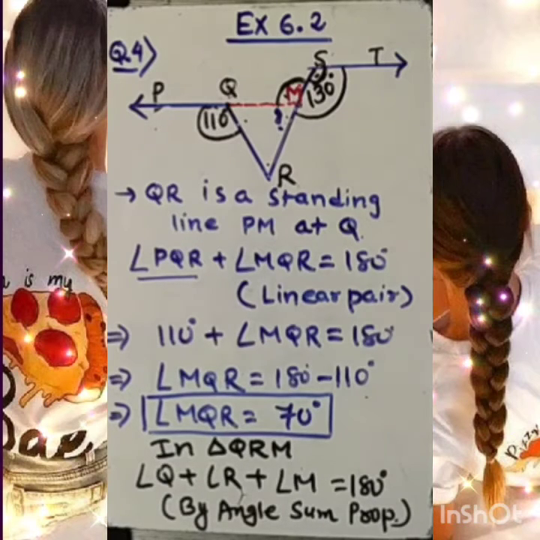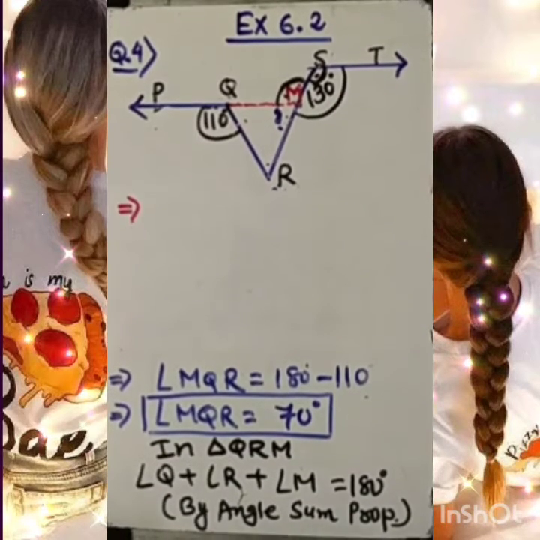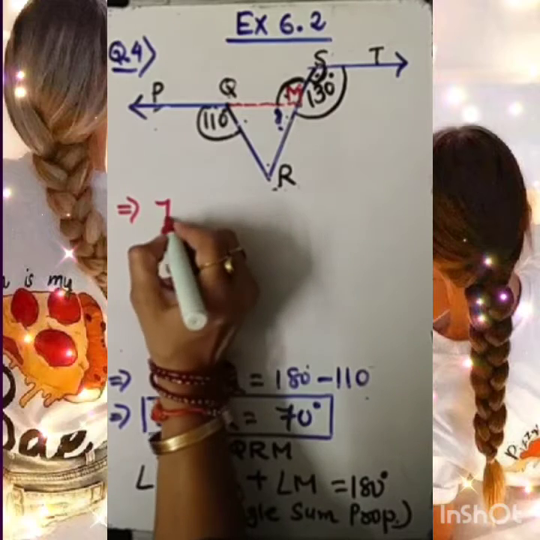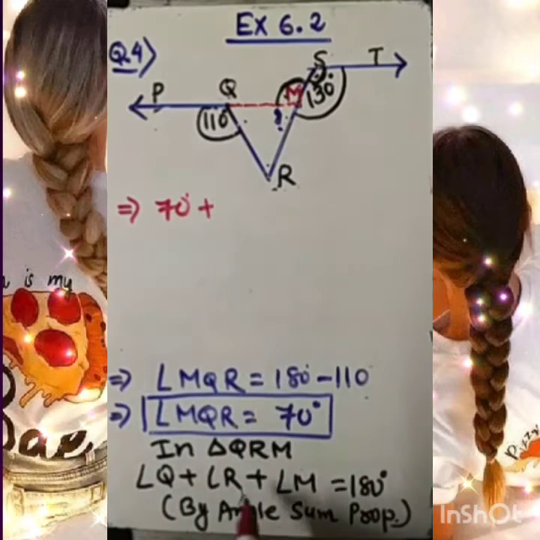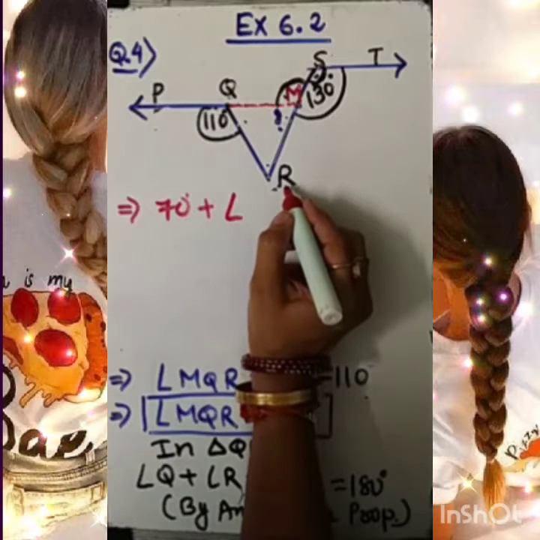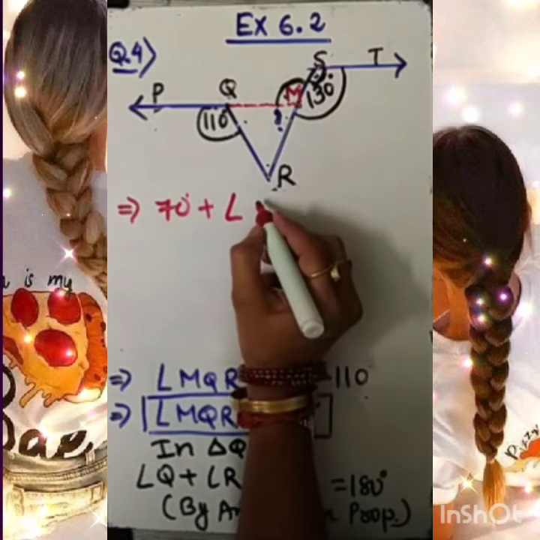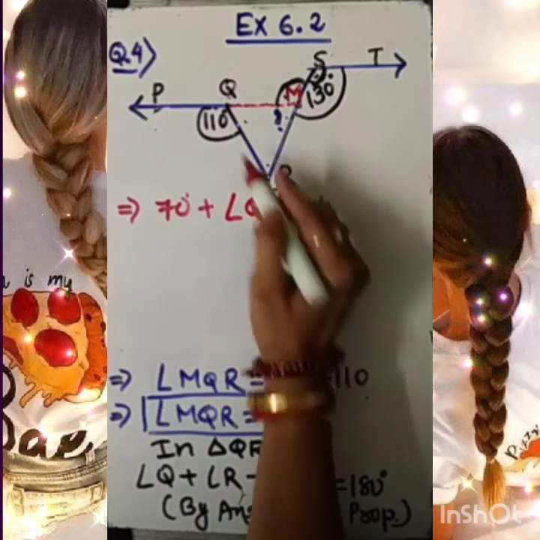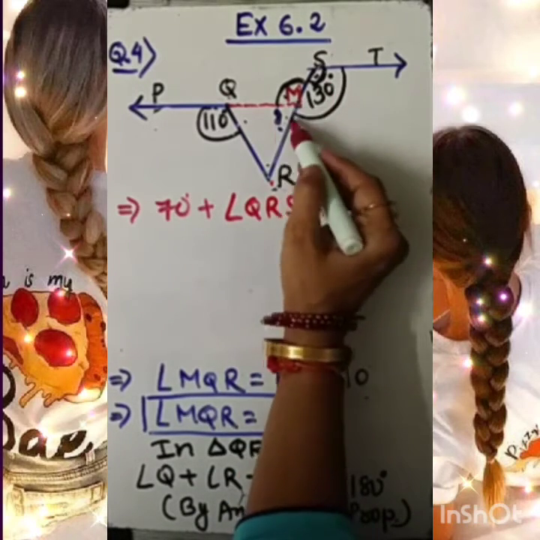Okay. If this is like that, then let's substitute the required values. So let's insert the values. Angle Q, it means this angle, its value is 70 degrees, already with us. Plus angle R. R means this, we need to find. Can I write angle R in place of angle QRS? Because R can be classified as QRS also. And what about this angle?